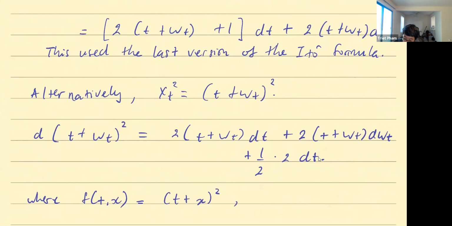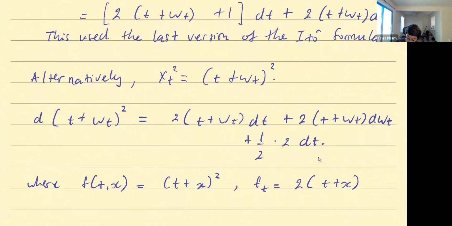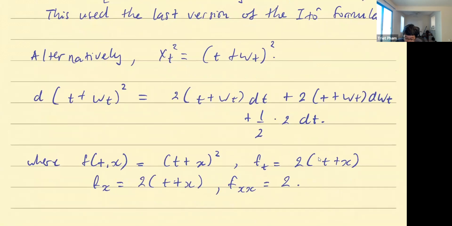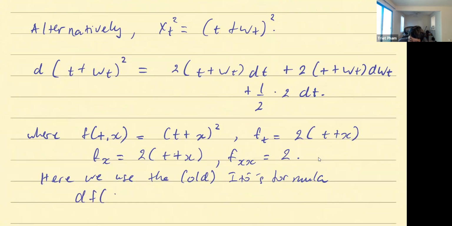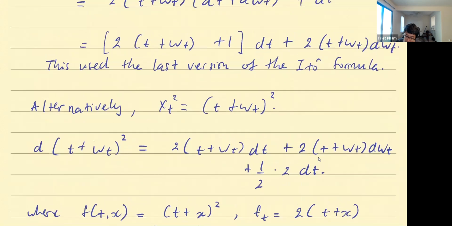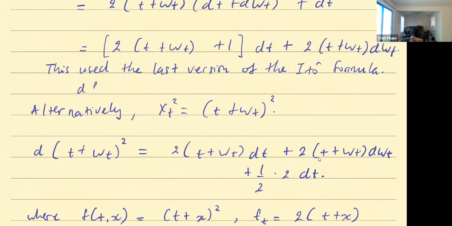The partial with respect to t is 2(t plus x), the partial with respect to x is 2(t plus x), and the second partial with respect to x is 2. So here we use the old Ito formula, for df(t, W_t), whereas before we used the version for df(X_t).